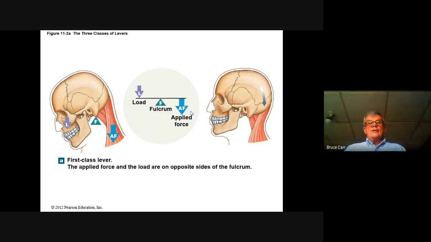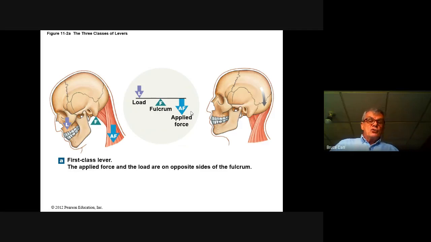In fact, try this. It's normal for us to hold our heads up, to look straight forward, to hold our heads level like the anatomical position. But if you consciously relax that muscle, your chin drops to your chest automatically. You're not pulling it down. Gravity's moving it because of the distribution of the load well forward of the center of gravity.